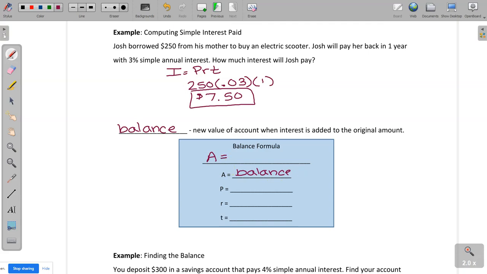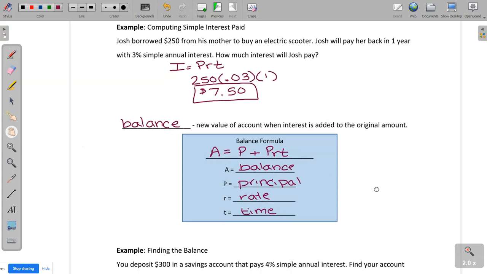So A is going to equal our principal, our P, plus now our interest. Our interest formula is PRT. So R is your rate again, and T is your time. So all we are doing is taking our interest formula and adding the principal to it.